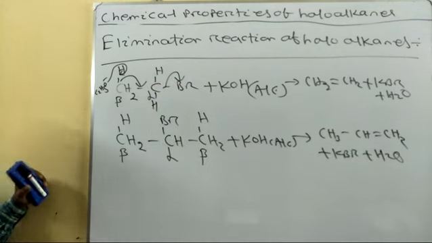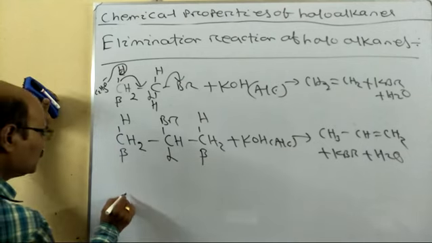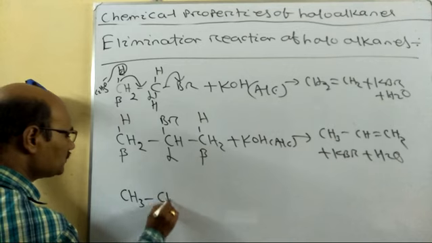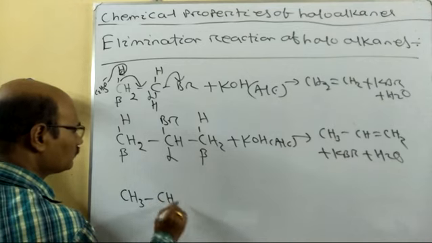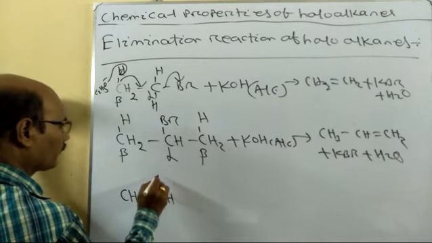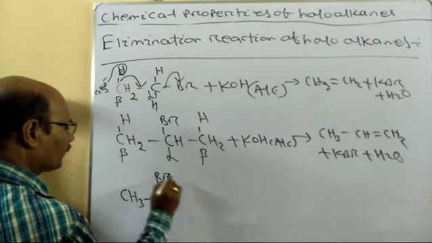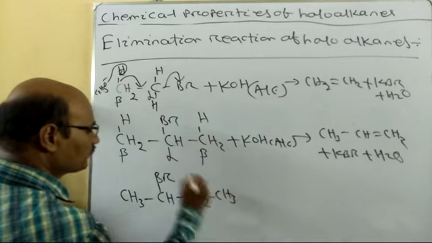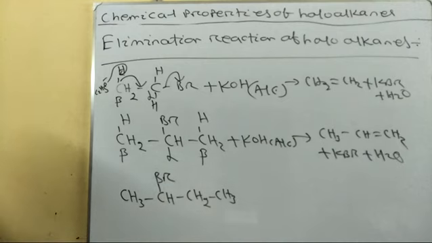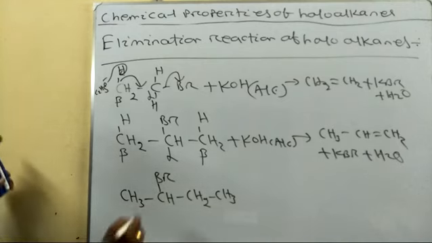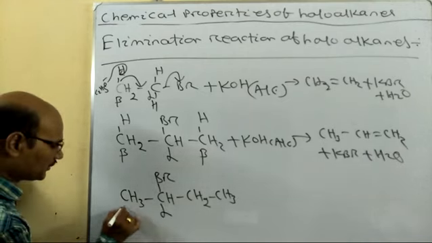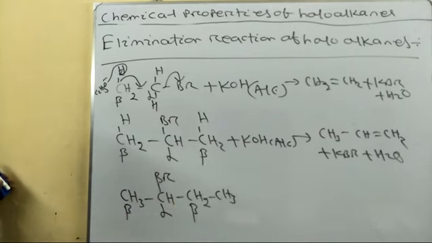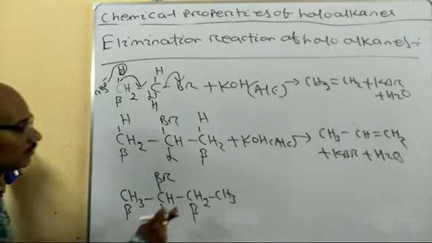Now if I have CH3CHBrCH2CH3, here you see this is the alpha carbon and this is the beta carbon on one side, and another beta carbon on the other side.